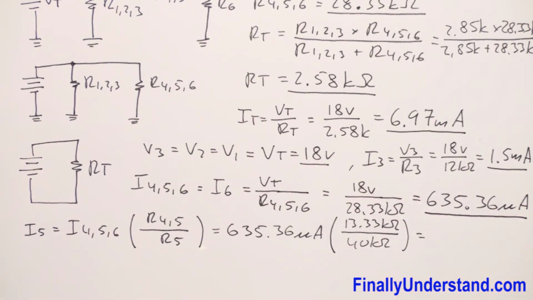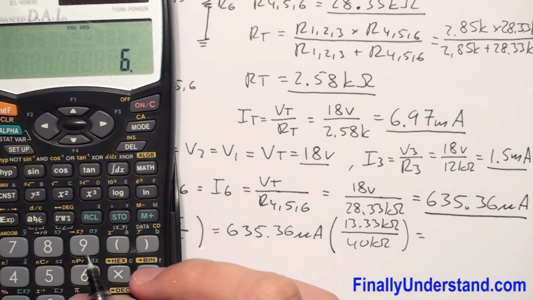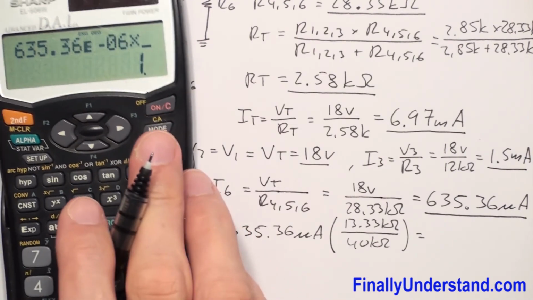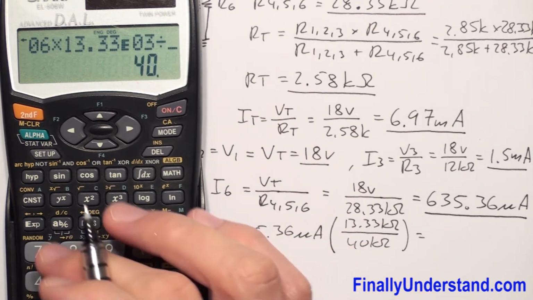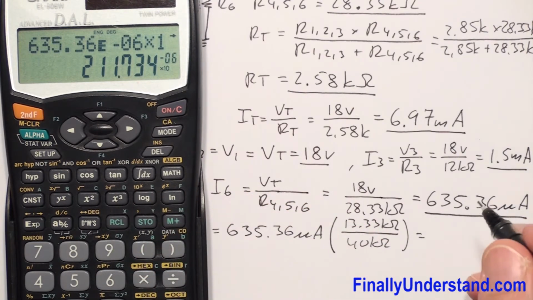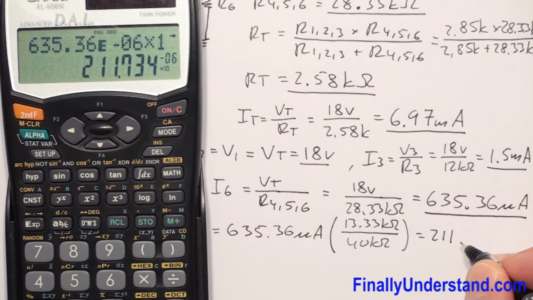This is equal to 635.36 exponent negative 6 times 13.33 exponent 3 divided by 40 exponent 3, which equals 211.73 microamps.